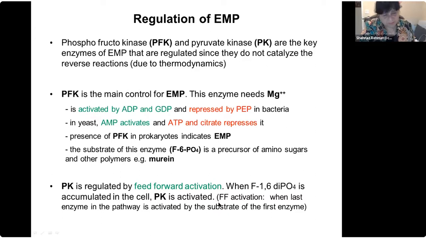Feed-forward activation is when the last enzyme in the pathway is activated by the substrate of the first enzyme. So the substrate of the first enzyme is your fructose 6-phosphate. So here, this enzyme will be activated to know that I am going to get my substrate because that enzyme is working or the substrate is there. So it will be activated by that.